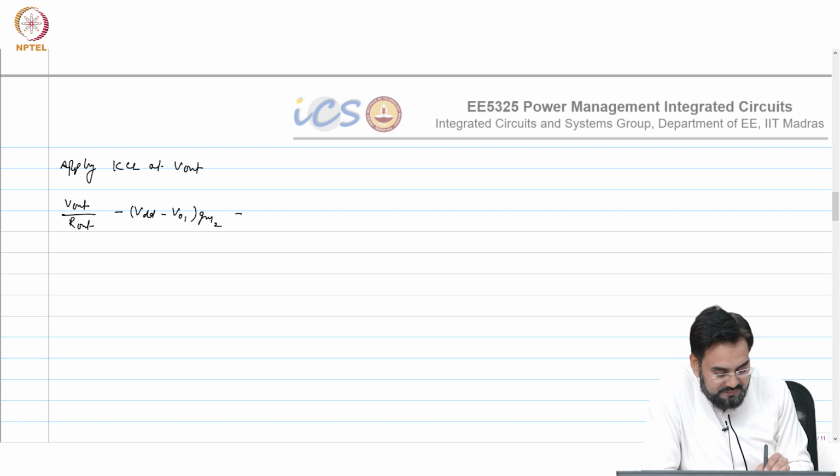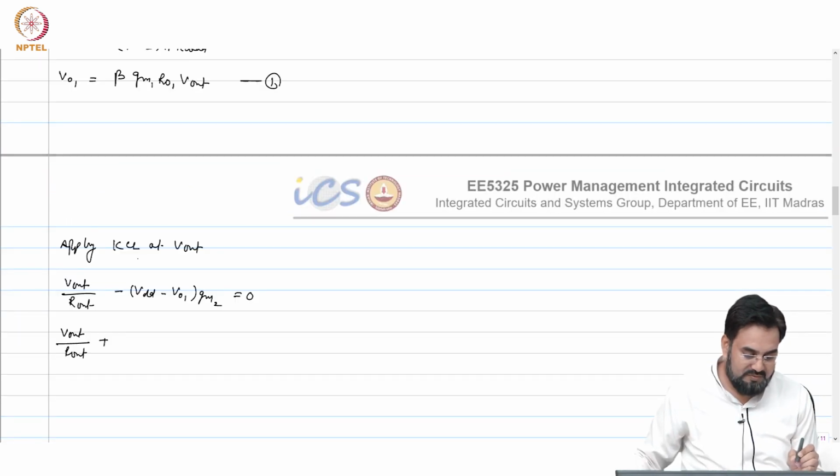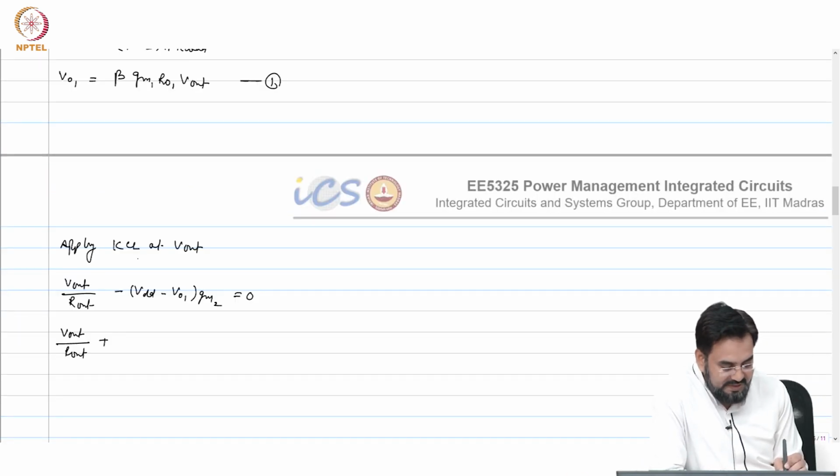So equal to 0, which means V out over R out plus, and what is VO1? We know from equation 1, beta GM1 RO1 GM2.